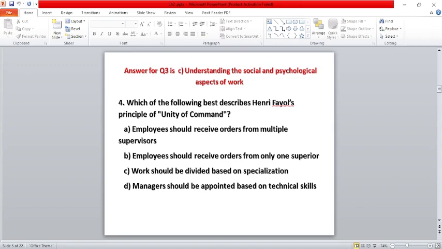C. Work should be divided based on specialization. D. Managers should be appointed based on technical skills. The answer for question number 4 is B. Employees should receive orders from only one supervisor.